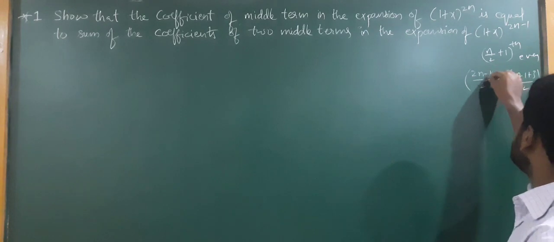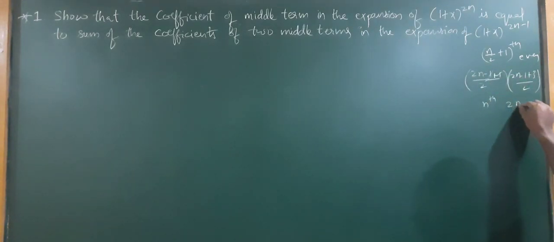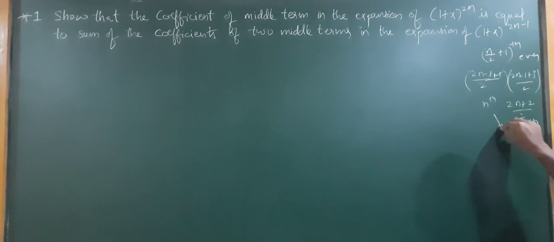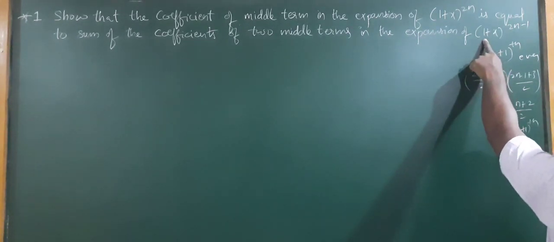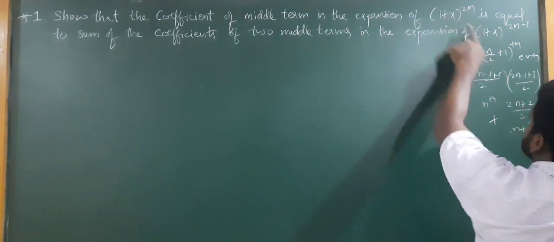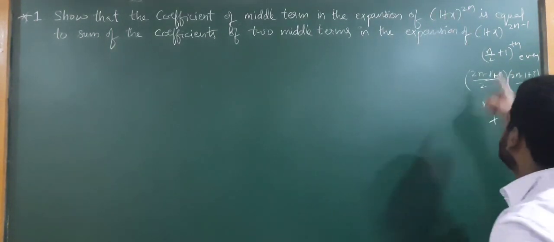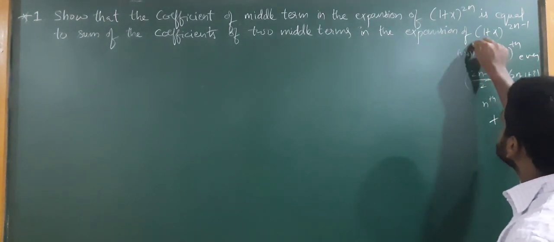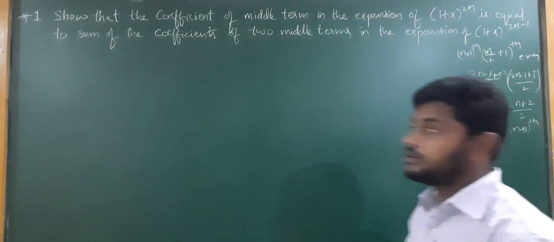So 2n by 2 is nothing but n, and (2n plus 2) by 2 is n plus 1. Nothing but the sum of the nth term and the (n plus 1)th term in this expansion should be equal to the (n by 2 plus 1)th term in this expansion. Here 2n by 2 is nothing but the (n plus 1)th term. So this term should be equal to the sum of these two terms, we need to prove.